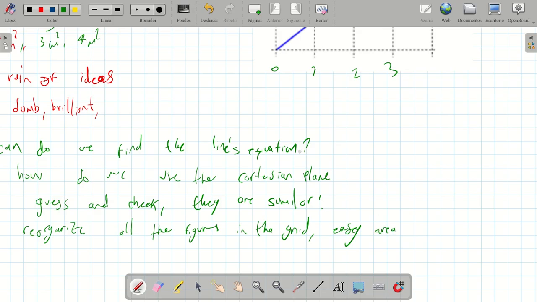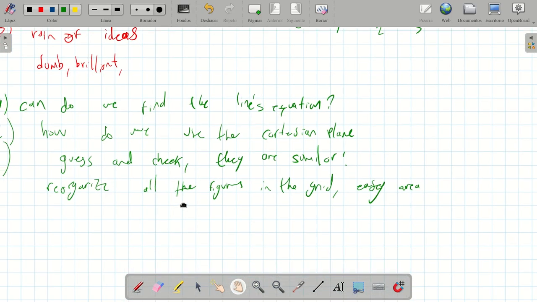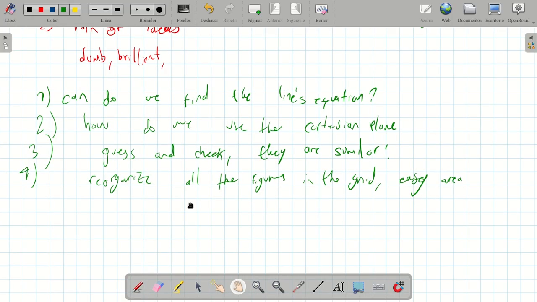It means that maybe I can reorganize these little triangles, possibly forming this square or something that is easy to find the area of. And obviously maybe a way to solve the problem is to find the area of these shaded triangles.